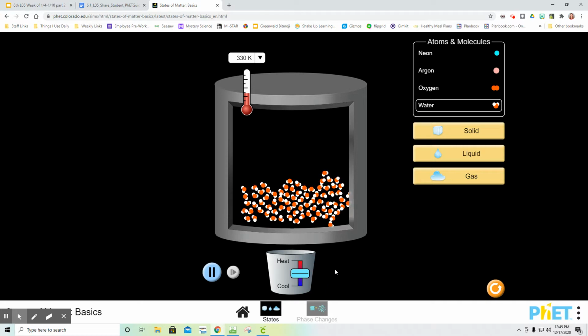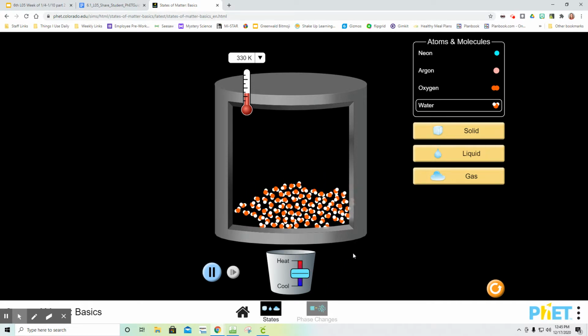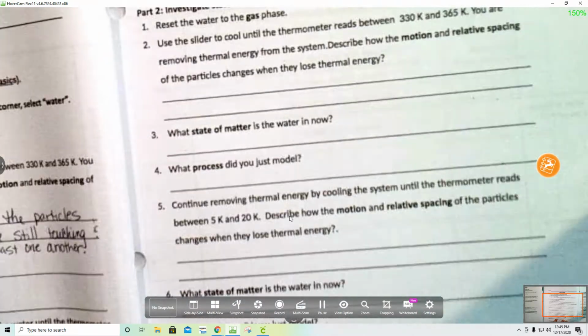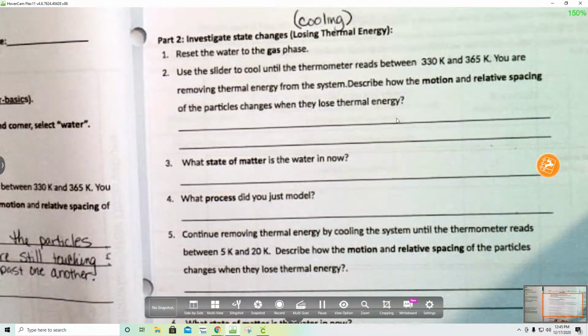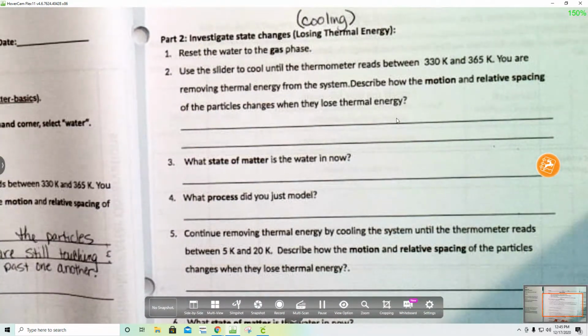There we go, 330. They're much closer together. They're much slower. They're slipping and sliding past one another. What does it sound like? As we describe this, what phase change does that sound like? Now it sounds like we've changed it to a liquid. The water is now a liquid.